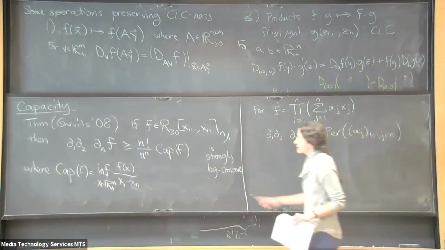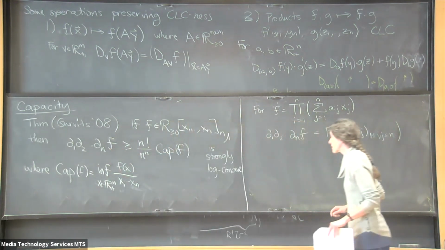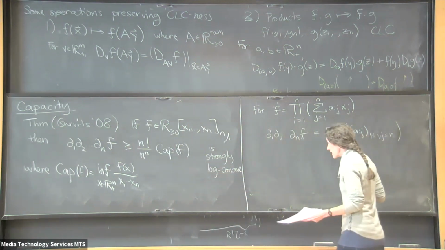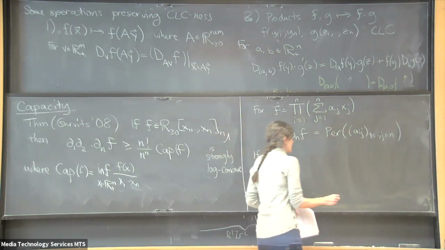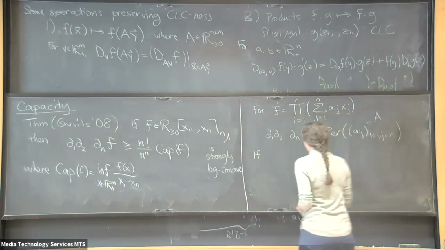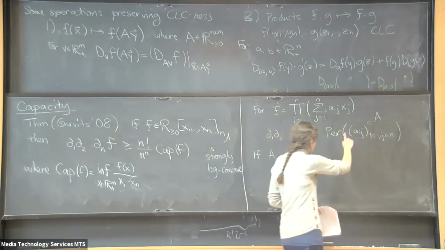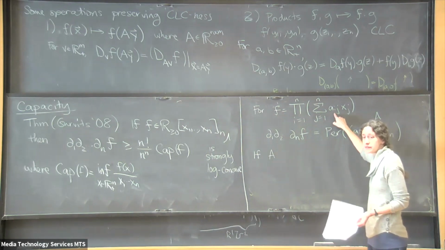So one can think of this as a hard thing to find, and one might be interested in finding a lower bound for it. In particular, he showed that if the entries of this matrix A are non-negative, then this polynomial is strongly log-concave.